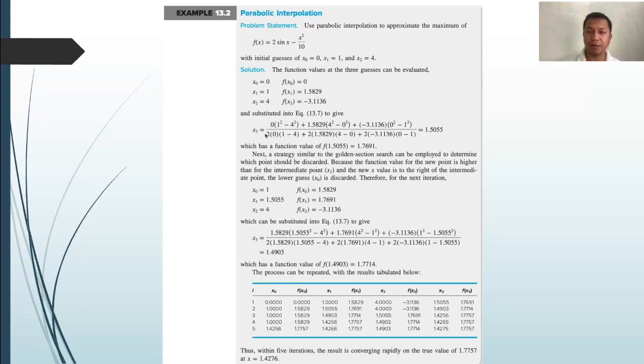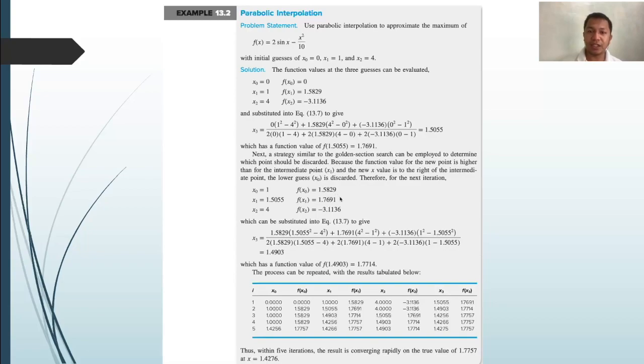We have the values of x0, x1, and x2, as well as the function. Substituting all the values, we will have the value of x3, which is equal to 1.5055. Getting the function value, substituting 1.5055 to the equation, this will give us 1.7691.